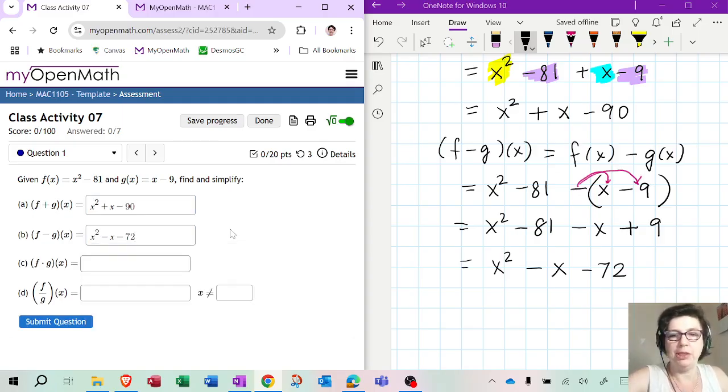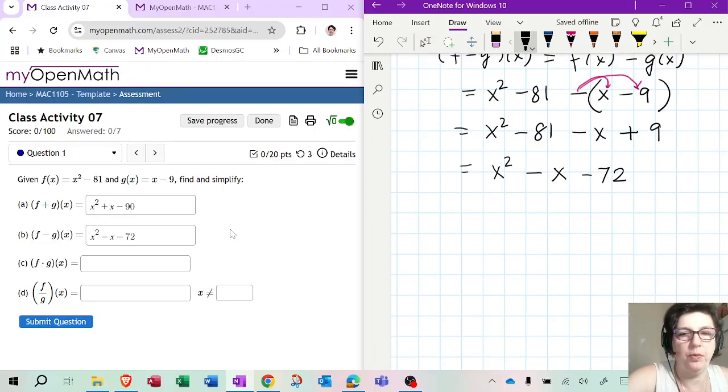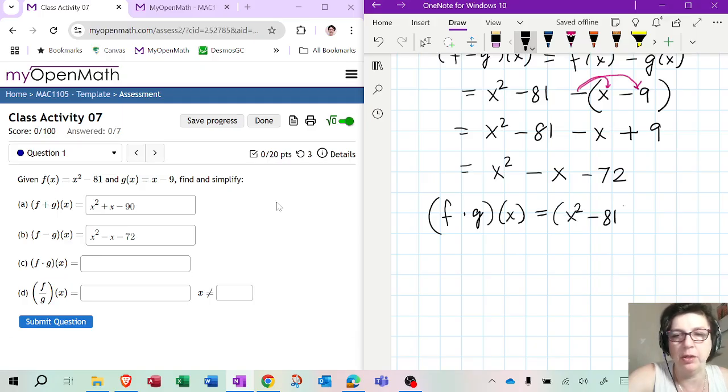Okay, now let's look at the product and whether we can simplify it. So here we have f times g of x. So here we need to put parentheses around them. So we got x squared minus 81, and then we multiply that by x minus 9. So what will happen is we have to do something called FOIL, F-O-I-L, right?